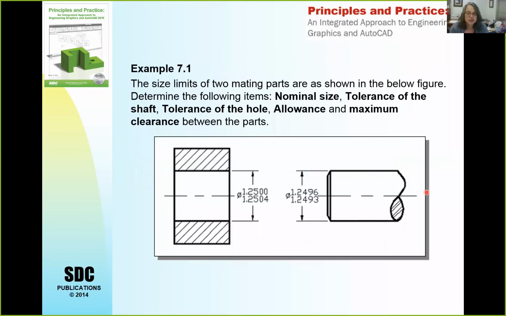Okay, so let's look at an example here. And I want you to pause this lecture and actually work this out before you go on to look at the answer. So we've got the size limits of two mating parts shown below.